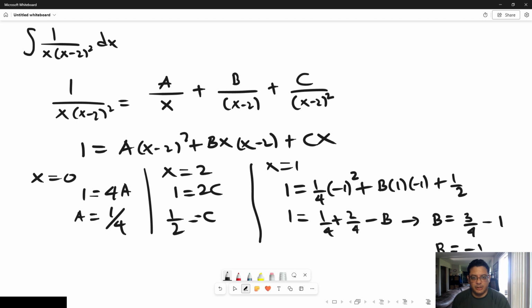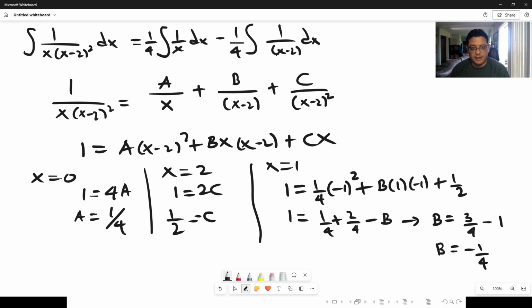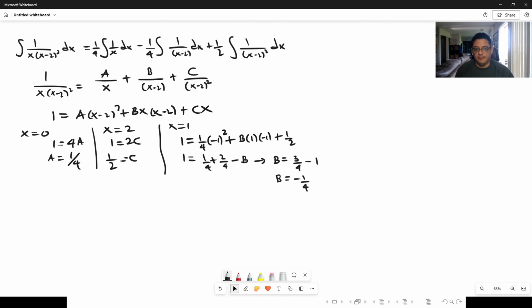So my partial fraction decomposition will be given by this, and this integral becomes the integral of 1/4 of 1 over x dx, minus 1 over 4 of 1 over x minus 2 dx, and finally plus 1/2 of 1 over (x minus 2) squared dx. Okay, and so of course I can finish my integration here.